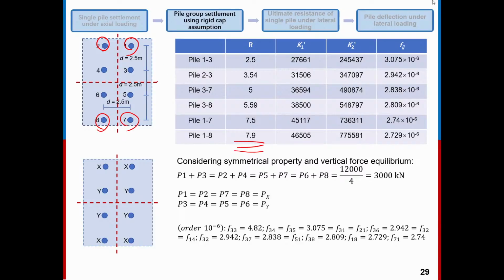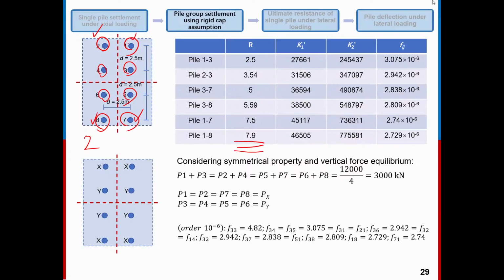We can divide it into 4 groups, and in each section we have 2 piles. So the condition for pile 1 is the same as for pile 2, pile 7 and 8. The condition for pile 6 will be the same as for pile 4, pile 3 and pile 5. So we can divide into 4 parts, but the piles can be divided into just 2 types of pile.